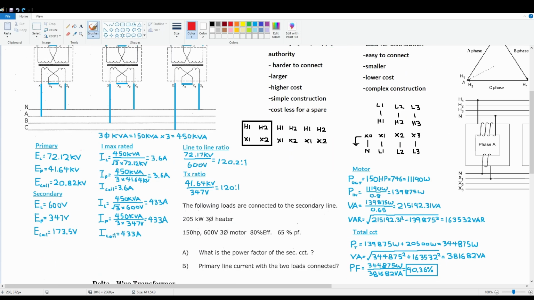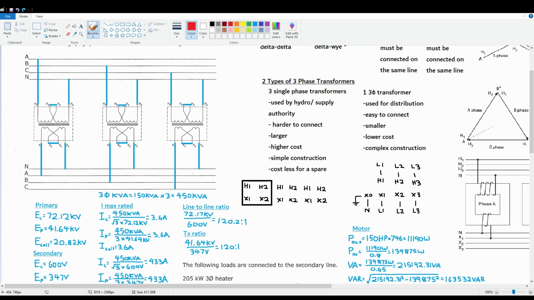Alright, now for the calculation, it's pretty simple. There's not really anything different. So first of all, we gotta find the transformer's total rated kVA. So each of these is going to be rated 150 kVA.